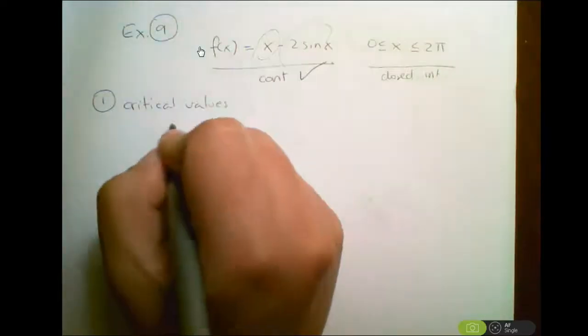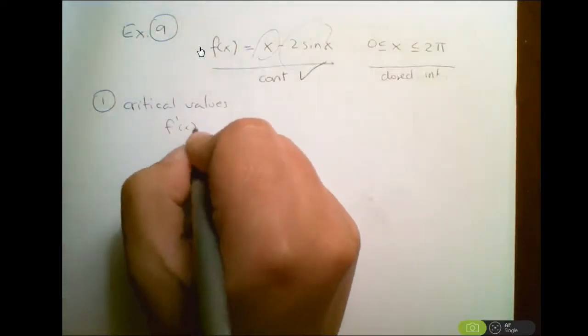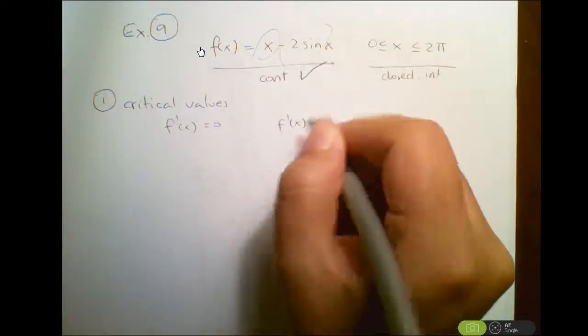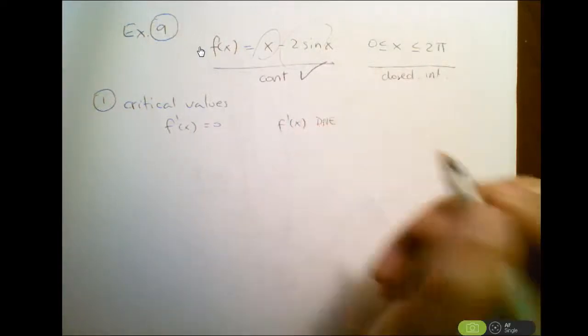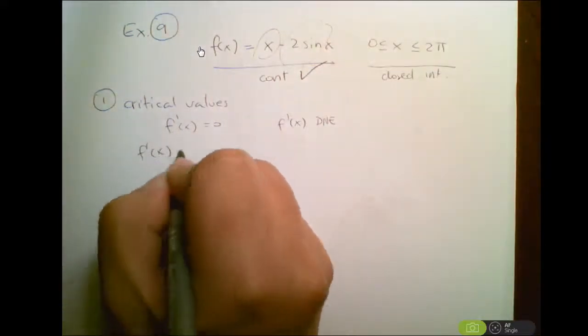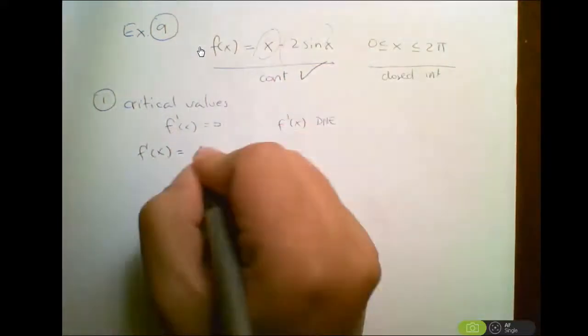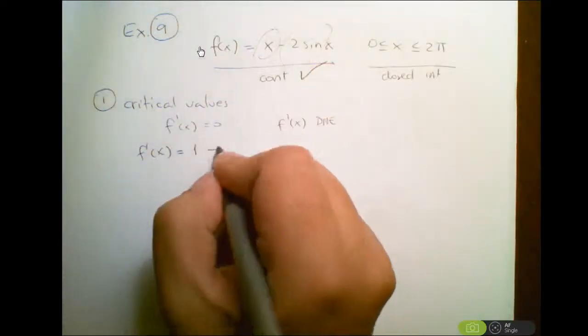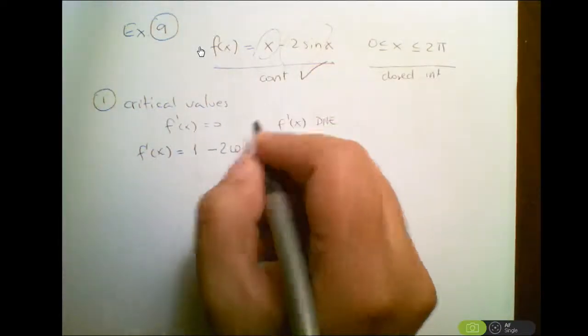So again, I want to know where f prime of x is 0, or I want to know where f prime of x is undefined or does not exist. So let's find f prime of x first. When I take the derivative, the derivative of x is 1, and the derivative of minus 2 sine of x is minus 2 times the derivative of sine of x, which is cosine of x.